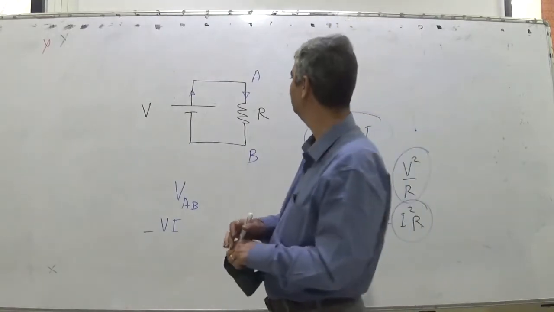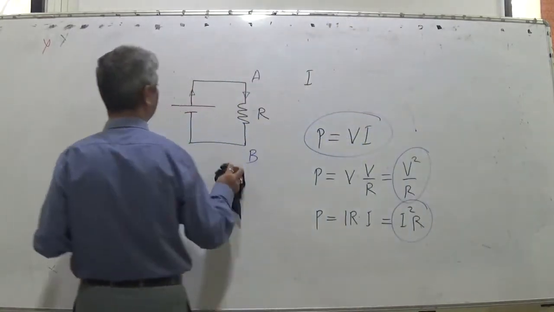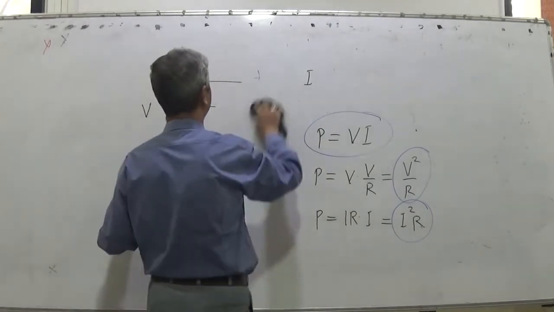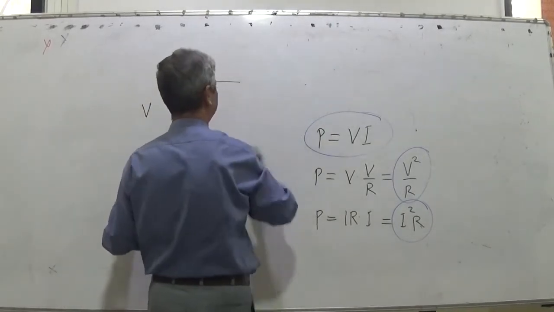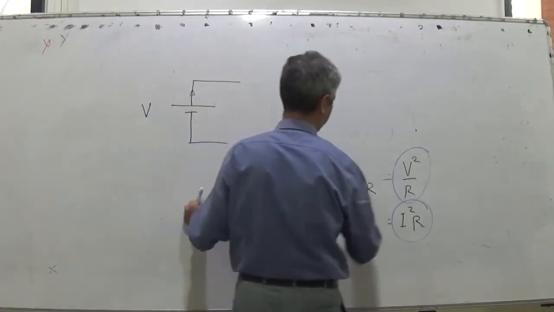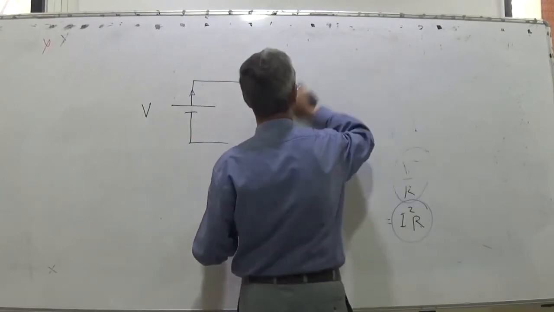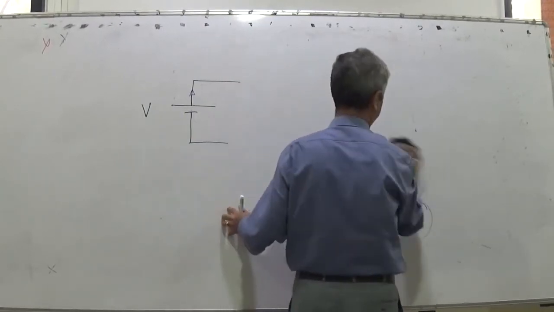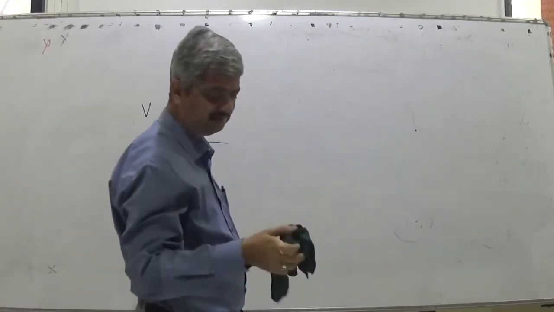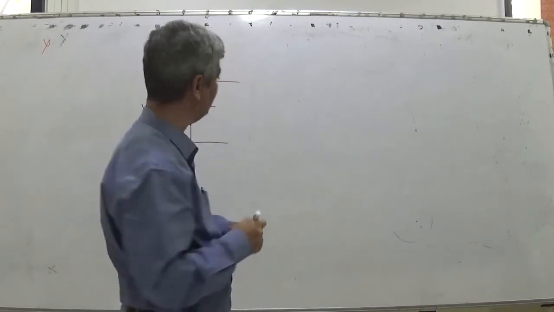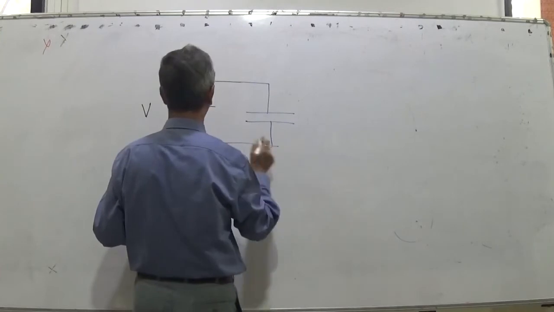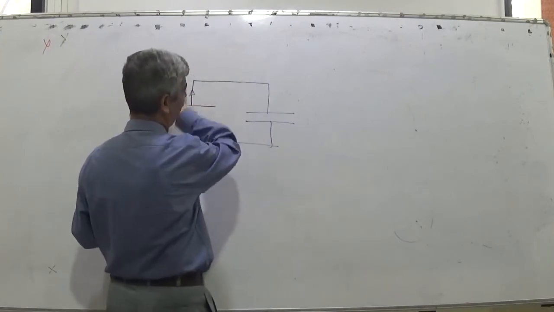Now, so power gets dissipated in resistance. Now, instead of resistance, if I put a capacitor, actually directly, if I connect a capacitor, there will be huge current.